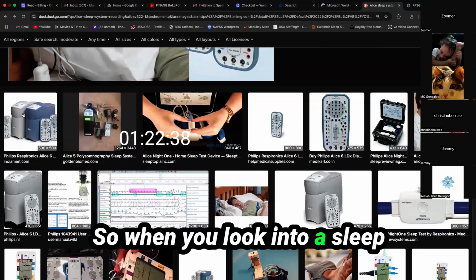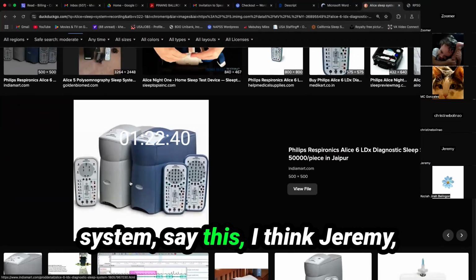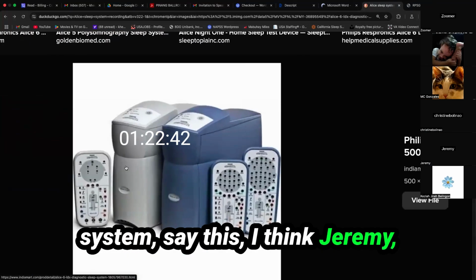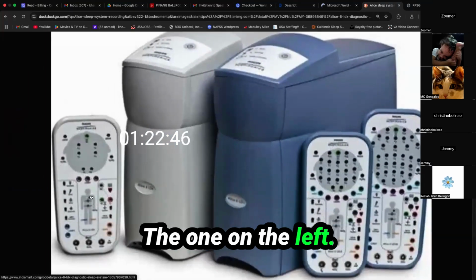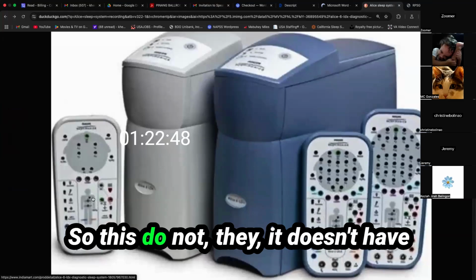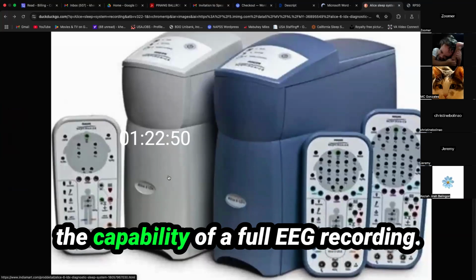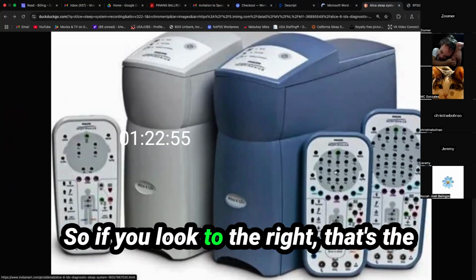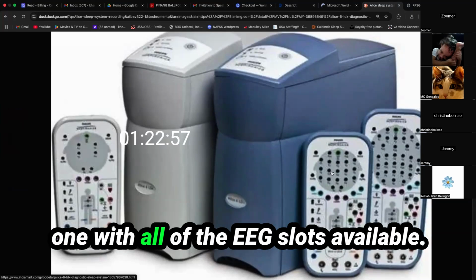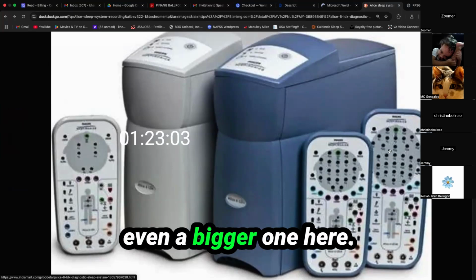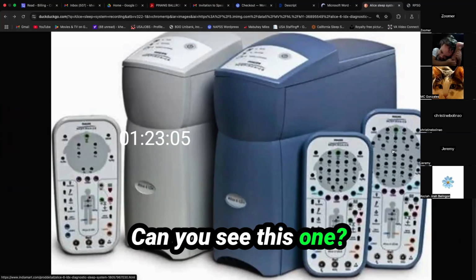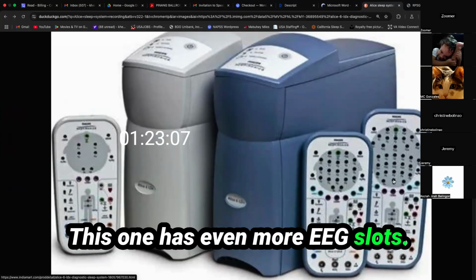So when you look into a sleep system, say this, I think Jeremy, you're talking about this model right here, right? The one on the left? That one, yeah. So it doesn't have the capability of a full EEG recording. If you look to the right, that's the one with all of the EEG slots available. And this other one, there's even a bigger one here. This one has even more EEG slots.